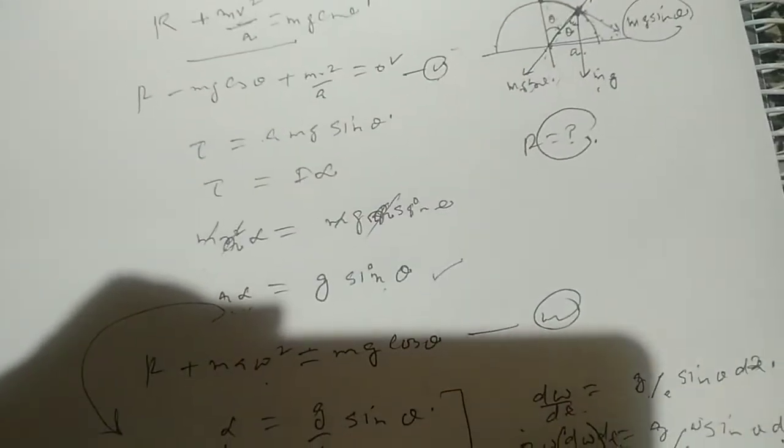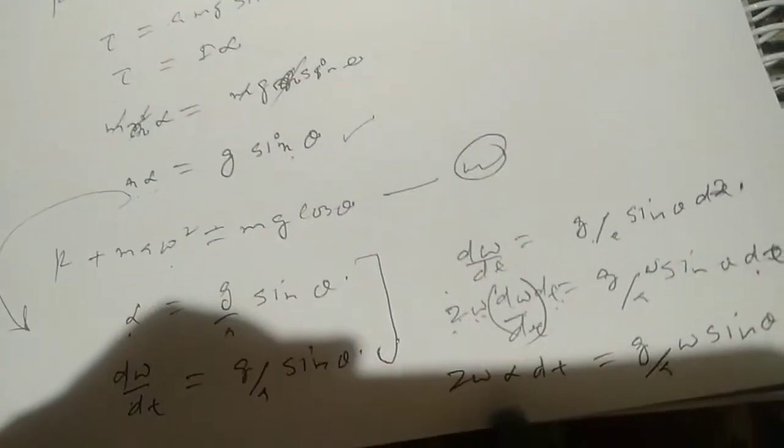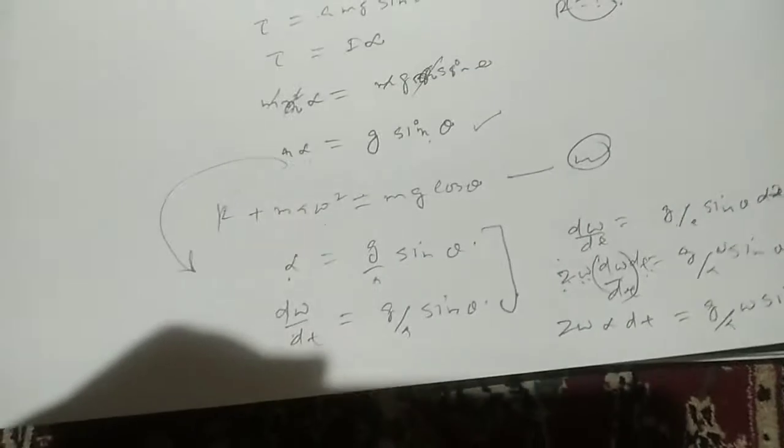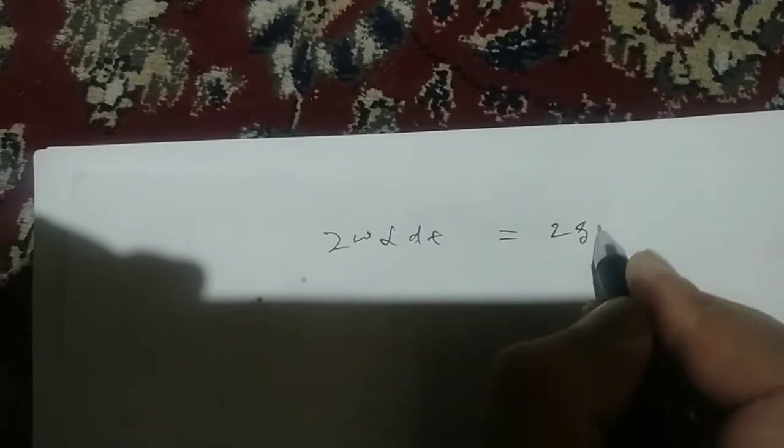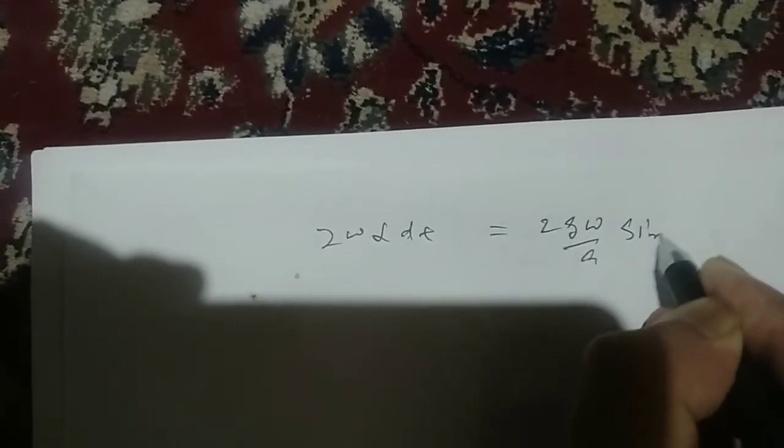Now how can I solve this equation? Because it will help me in order to solve this equation. By this way I will get omega square, that I will plug here, and by this way I will get the value of this normal force. So the further calculation tells me, if I write the last equation once more, that's 2 omega alpha dt, it will be 2g omega by a sine theta dt.